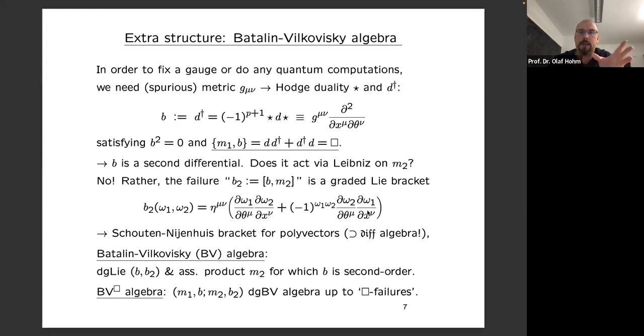So if you have a Poisson bracket on some space of functions, like functions on phase space in mechanics, then you also have the product of functions, and then you have compatibility relations between the brackets and the product, and that's also part of this BV algebra.